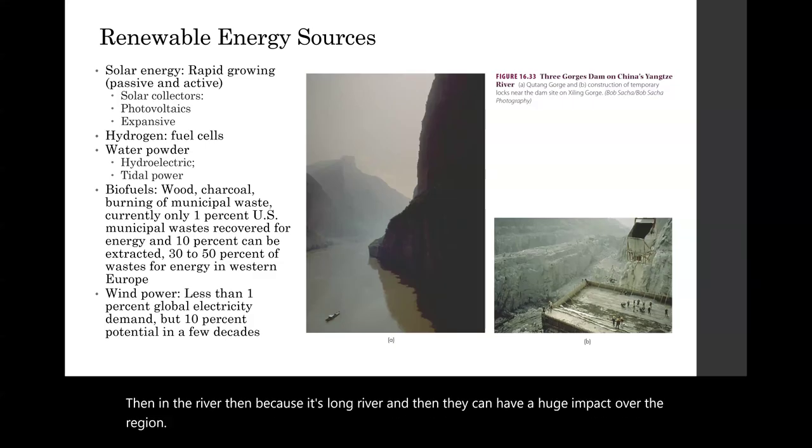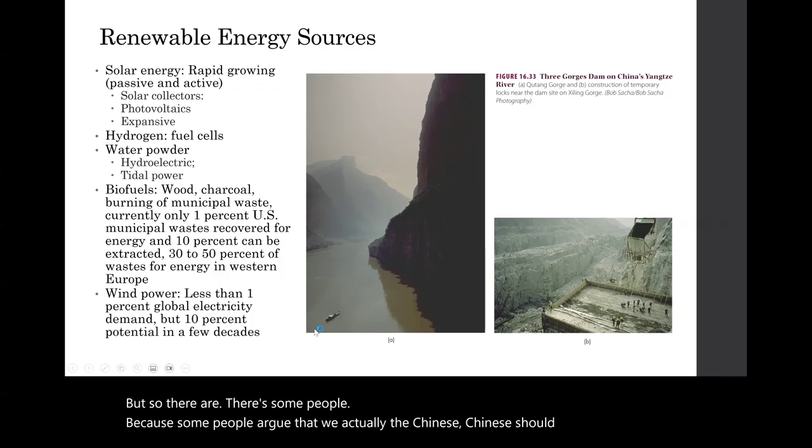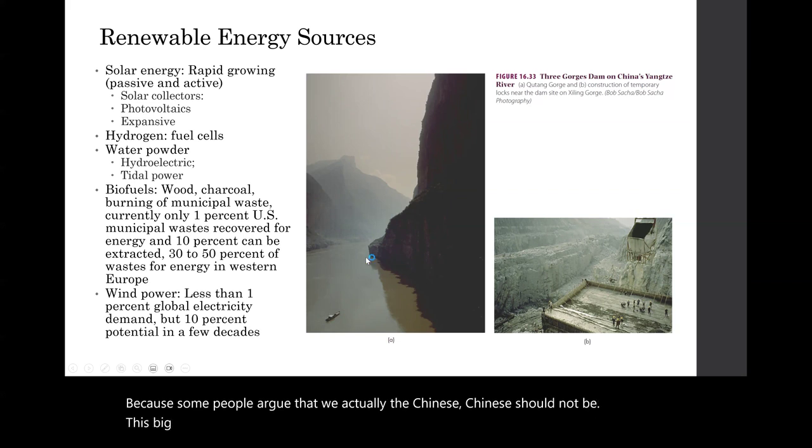But some people argue that the Chinese should not have built this big gorge dam on the long river.